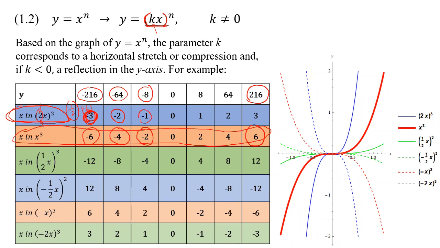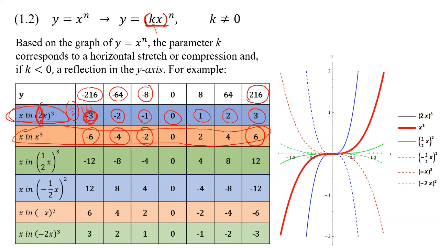Each value here is just 1/2 of the original value, right? So that is equivalent to compressing the original function by a factor of 1/2, which is the reciprocal of this factor. Understand?